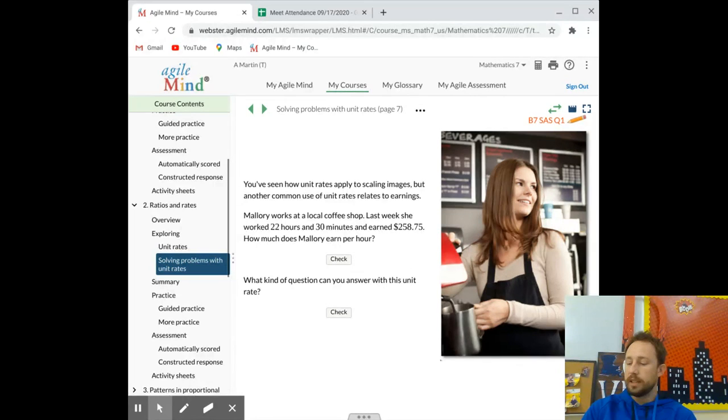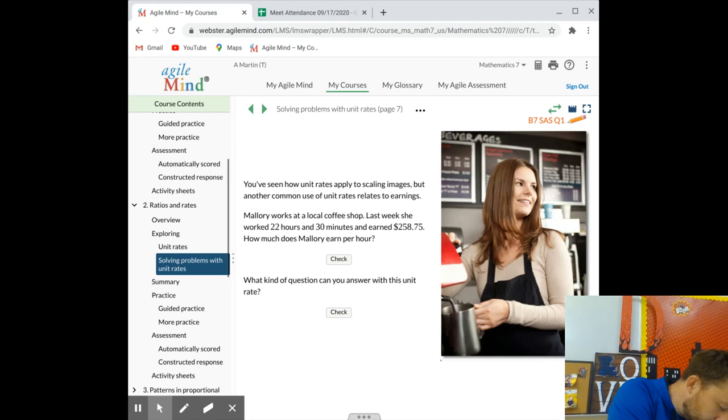That's right. So what are the units that are being compared in these rates? What's being compared? The money to the what? Job. Yeah, money to the job or money to the hour, right? Does that make sense or not really? That makes sense. All right.